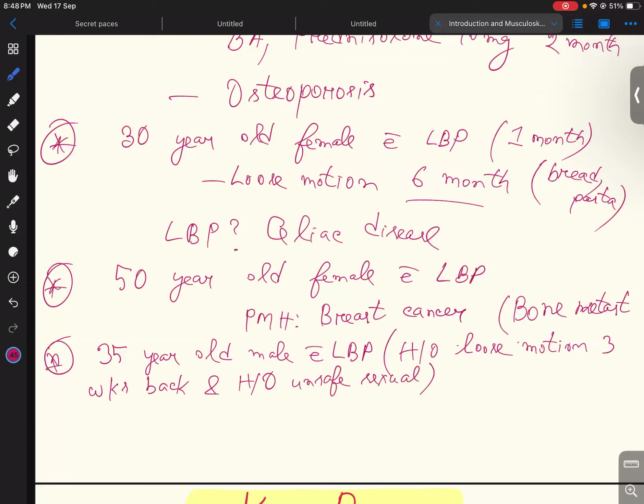Reactive arthritis. Wonderful. This is reactive arthritis. Actually, you have to exclude all the seronegative spondyloarthritis, but in this case, it is reactive arthritis, as there is a history of loose motion there.